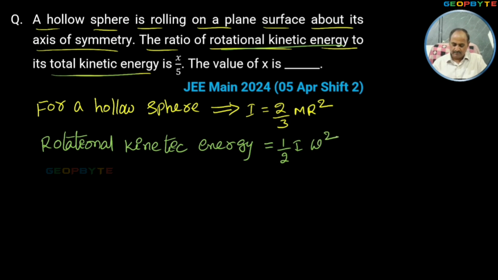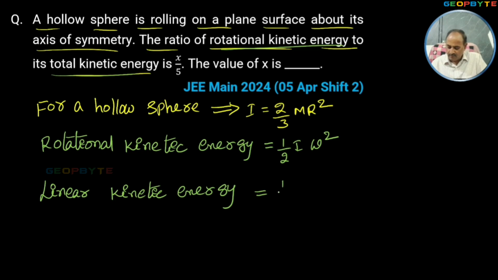Total kinetic energy means the sum of the rotational kinetic energy and the linear kinetic energy. Linear kinetic energy equals half m v square, but linear velocity v equals omega into r.